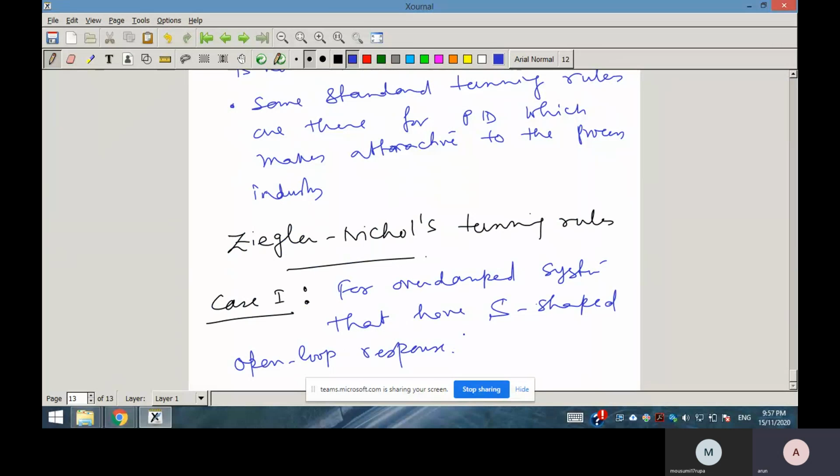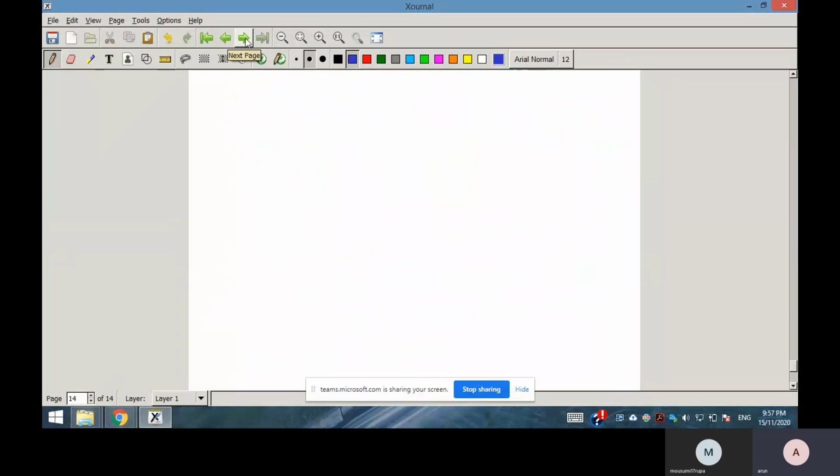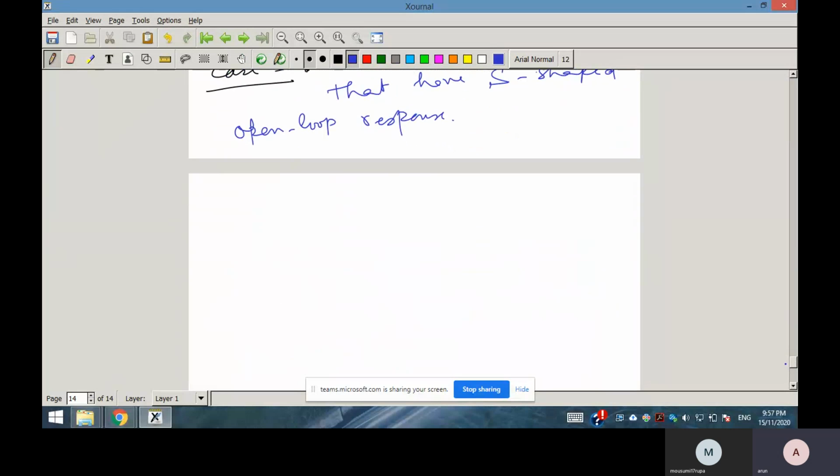The transfer function you need not have, but if you know the process has an S-shape kind of open loop response. S-shape means like this.